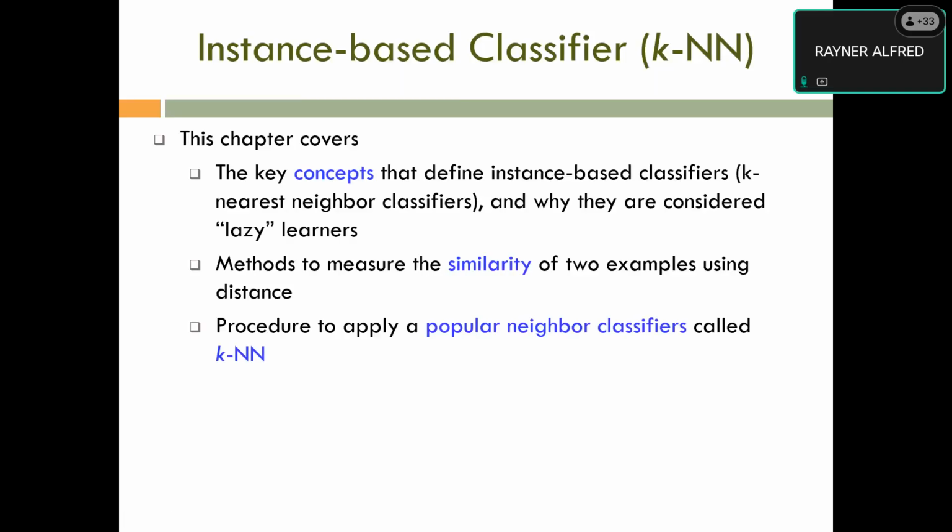The main idea is we want to measure the similarity between two examples, or two instances, or two samples, using a specific distance measurement. Then we can decide whether these two instances are similar.